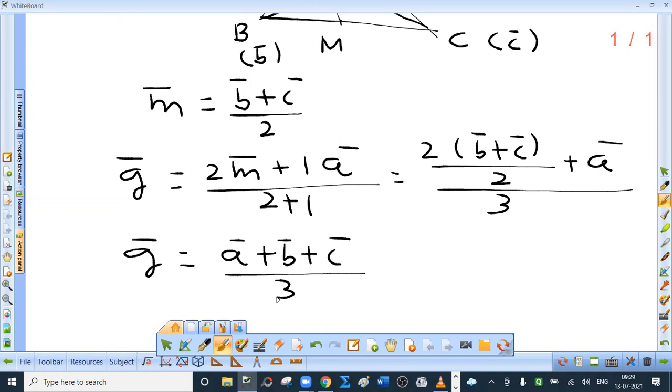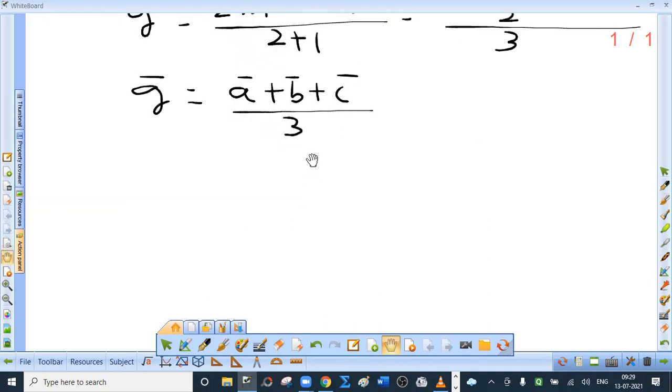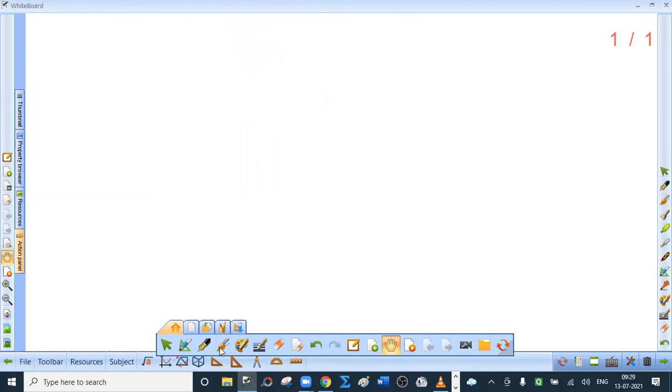Now let us write the centroid formula using Cartesian coordinates. For that, I will have to say let A be (x1, y1, z1), B be (x2, y2, z2), C be (x3, y3, z3). Then the centroid G (x, y, z) is given by what?